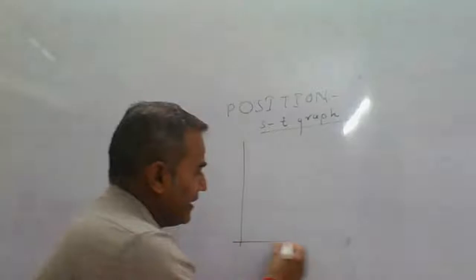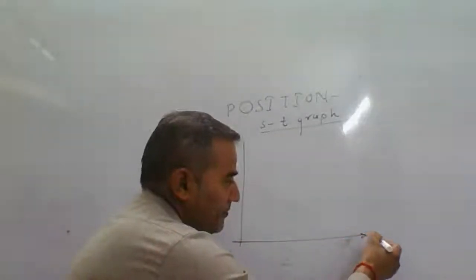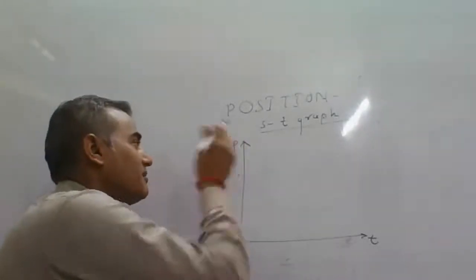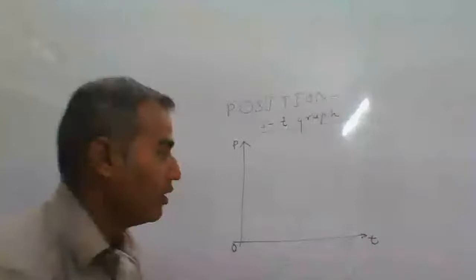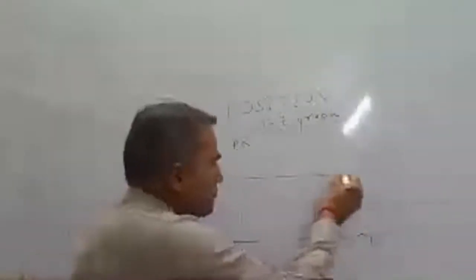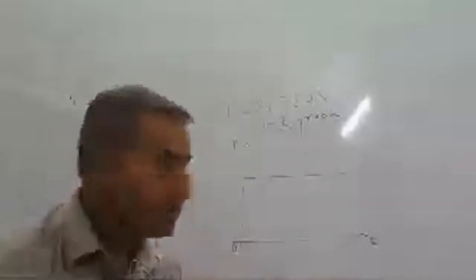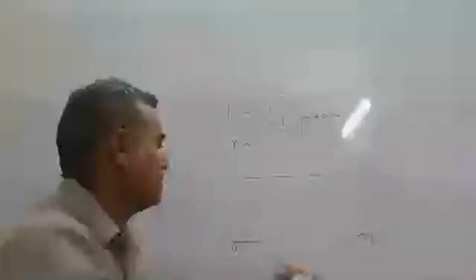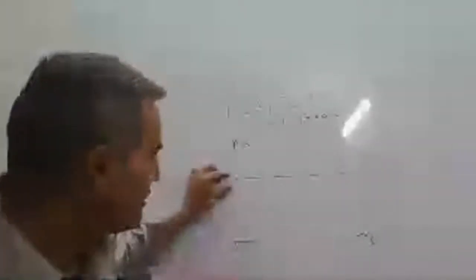You just need time, and next is the position or displacement. Okay, so look at this graph. This graph shows the rest condition of the body. Why? Because at a particular position, displacement, time is always changing, but positions remain unchanged.